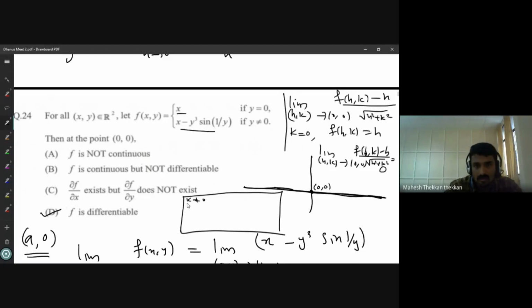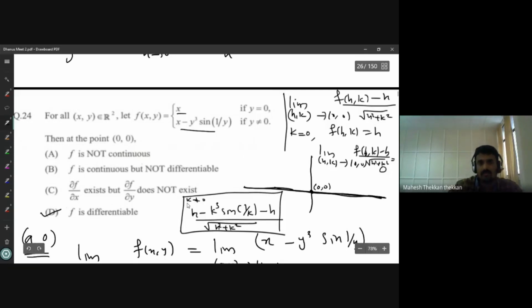The numerator will be h minus k cube sine 1 by k minus h, divided by square root of h square plus k square. So this h will cancel. Again, you have to find the limit as (h,k) tends to (0,0) of k cube sine 1 by k divided by square root of h square plus k square.